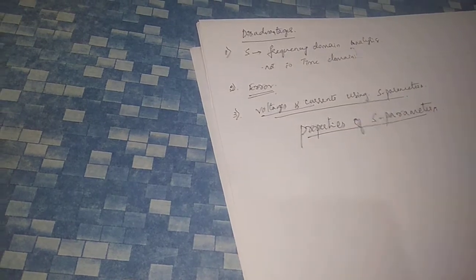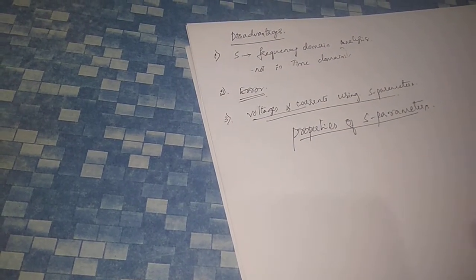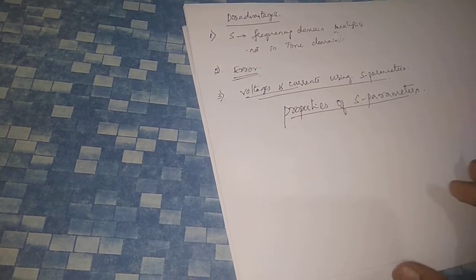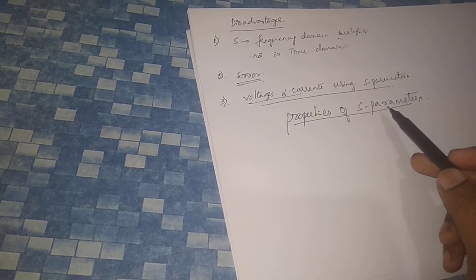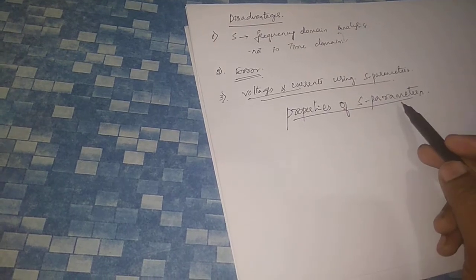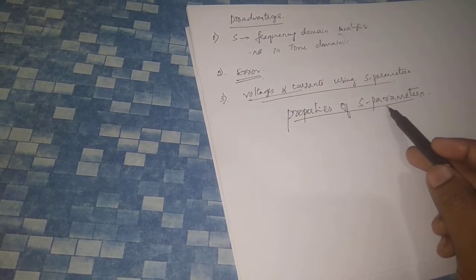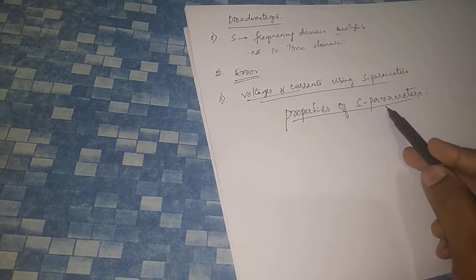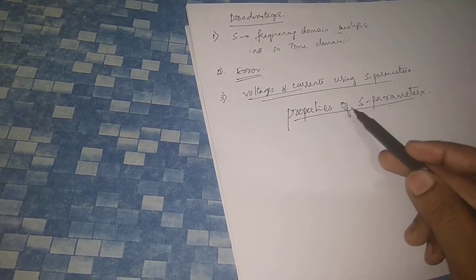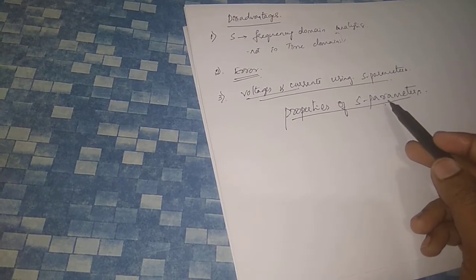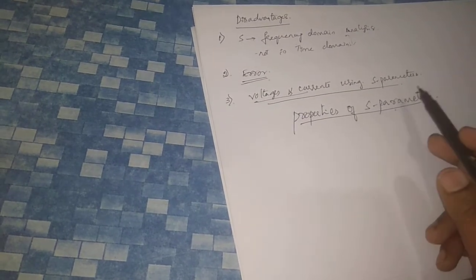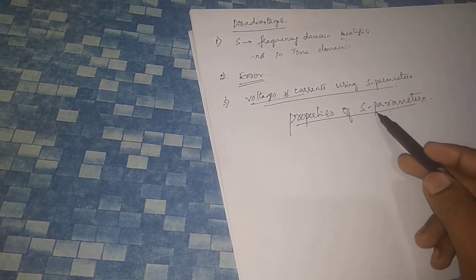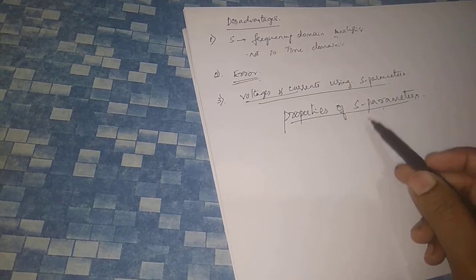So what are S parameters? Those are defined by the S parameters. Till now we have discussed the S parameters for two-port network and multi-port network, correct? Now we'll see some properties of these S parameters.